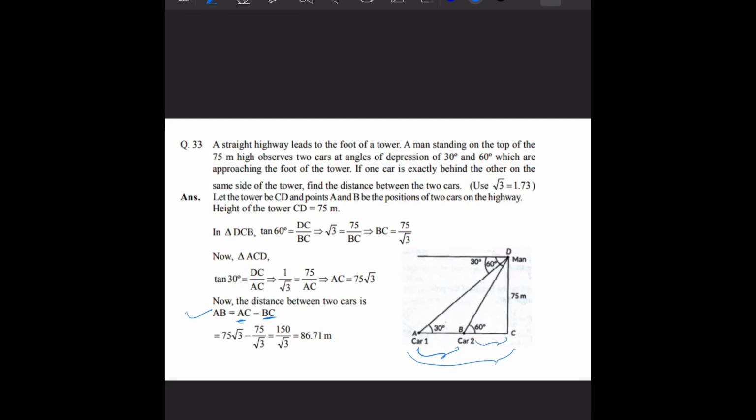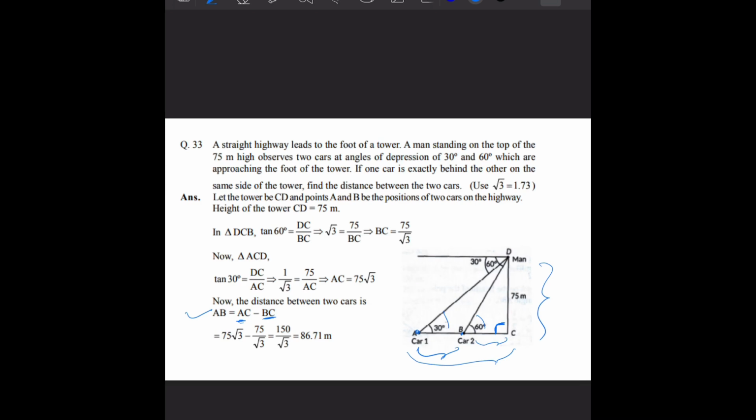So let's find out AC and BC now. We know angles of depression are 30 degree and 60 degree. Car 1 is here, car 2 is here. Both cars are approaching towards the tower, and this is your tower. In triangle DCB, this is a tower, so this will be 90 degree. Towers are perpendicular to the horizontal, horizontal meaning earth.